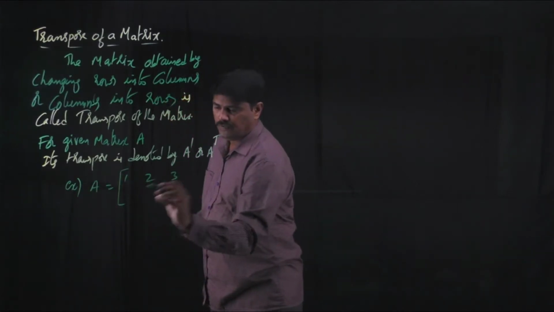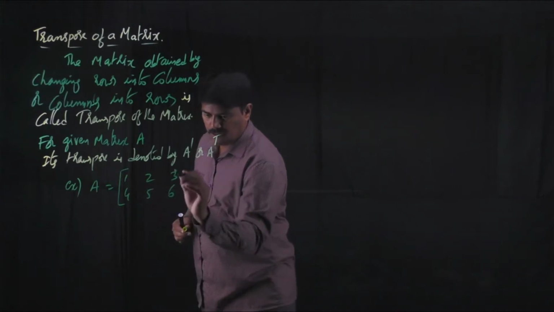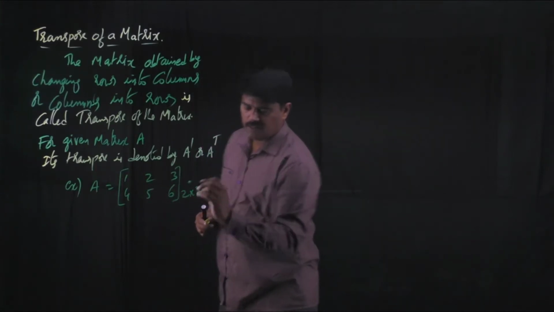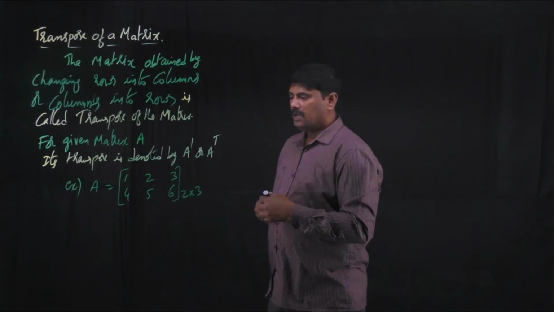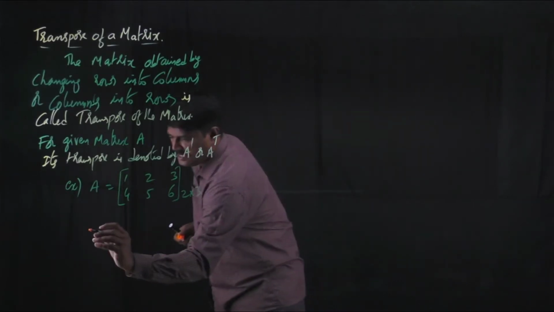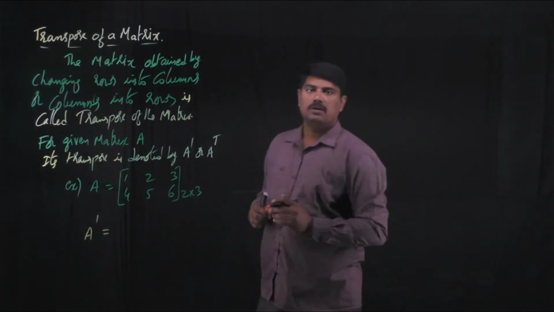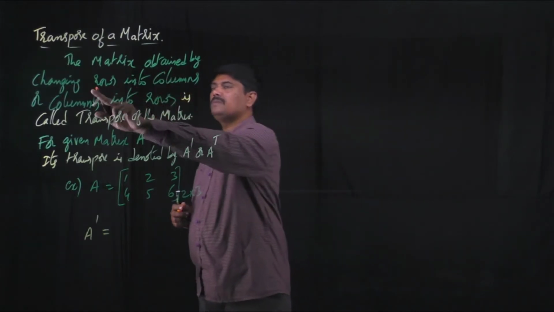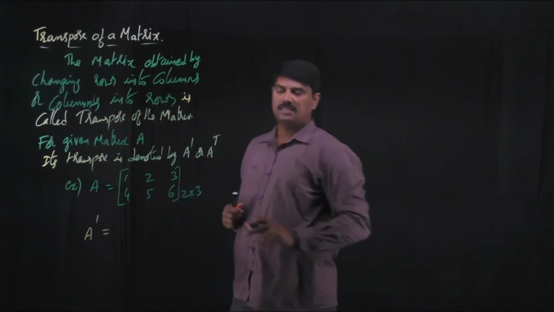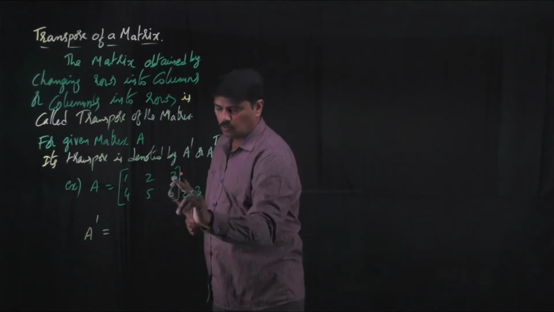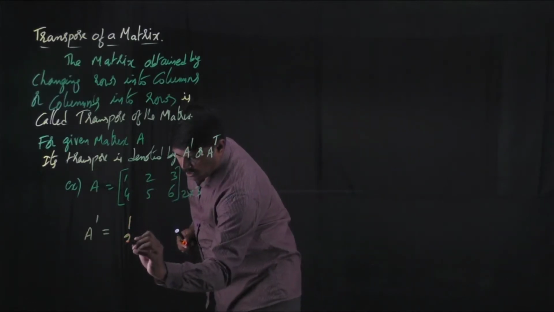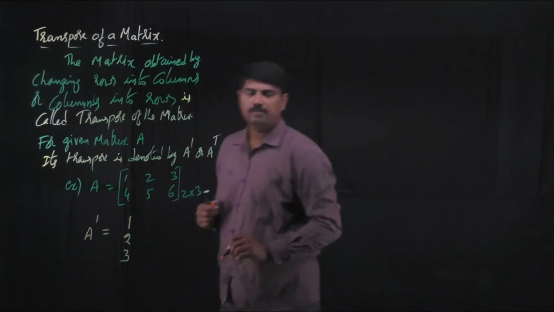1, 2, 3, 4, 5, 6. This is an example of a 2 by 3 order matrix. Now what is its transpose, what is its A dash? As per the definition, rows change into columns. The first row is 1, 2, 3, so you write it as a column 1, 2, 3.